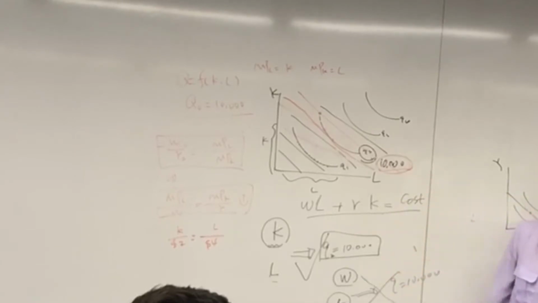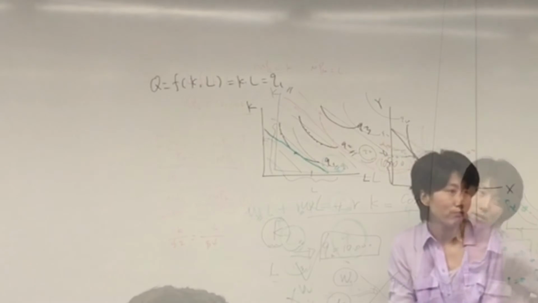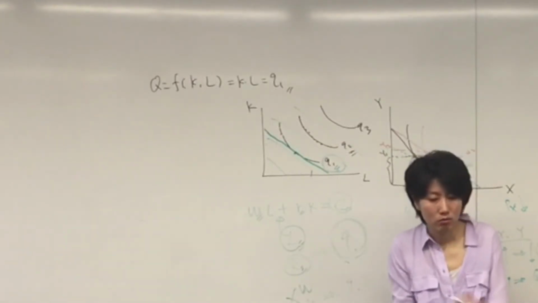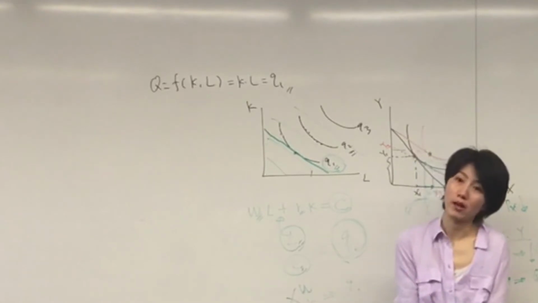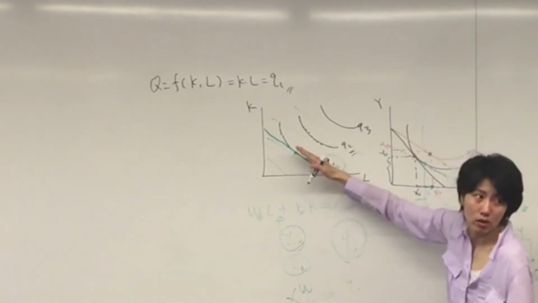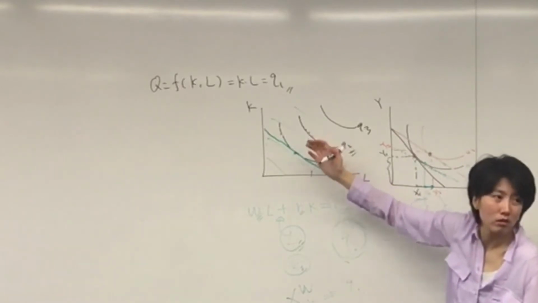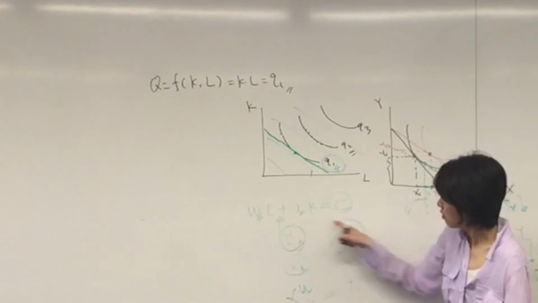Is it for the cost itself? So the other question is the quantity is given. Which condition do we need to satisfy in order to get the cost-minimizing K and L? Is the slope of isocost equal to the slope of isoquant? What is the slope of isocost?